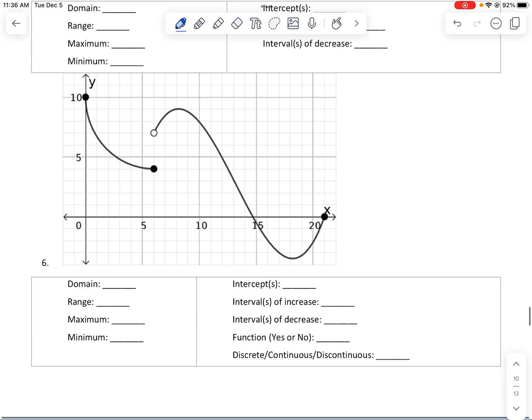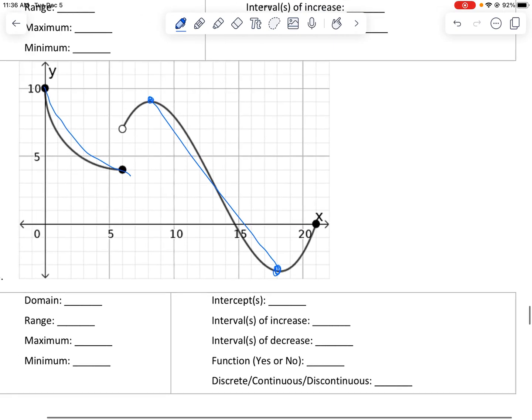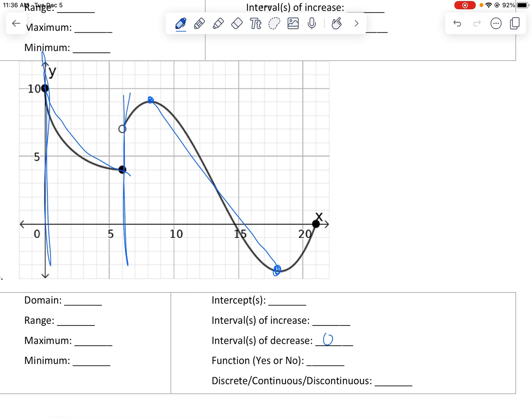By the way, you can have more than one interval where it's increasing or decreasing. For instance, on this one, we have an interval where it's decreasing here, and then it's also decreasing in this section here. So you can write out two different intervals. In this case, it goes from 0 to 6. Got my interval there.